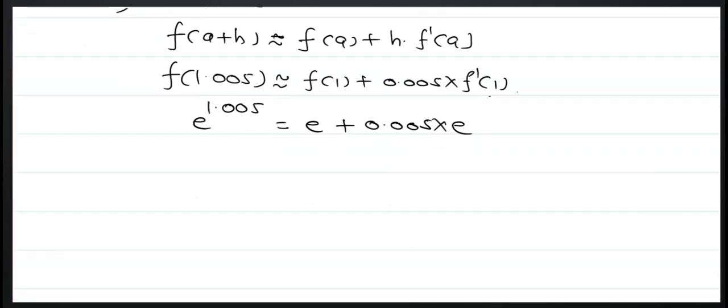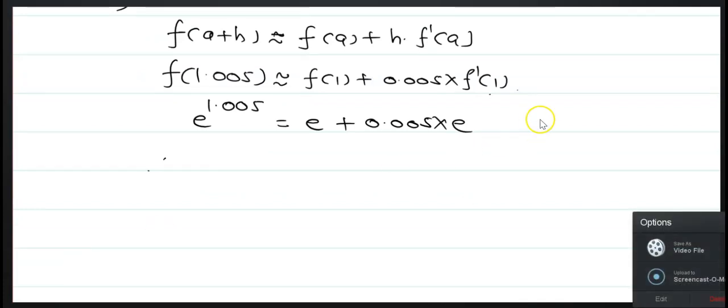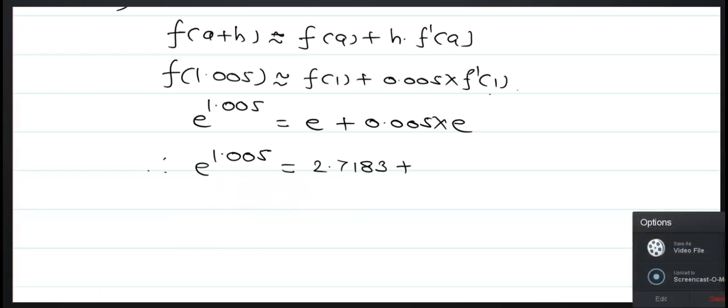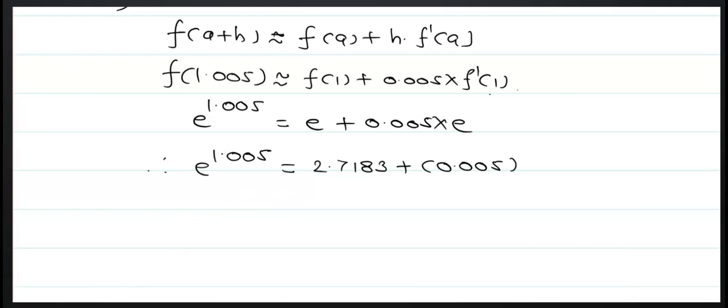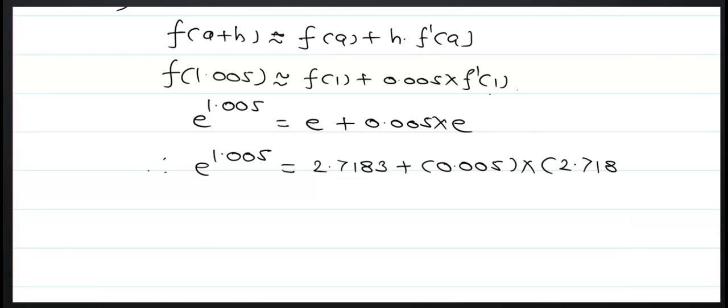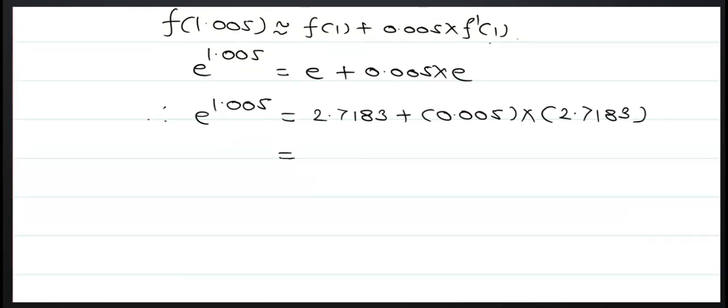The derivative of e raised to x is e raised to x, and again x is replaced by 1. Then overall you will get only e here, and substitute the value of e. That is, e raised to 1.005 is equal to 2.7183 plus 0.005 into 2.7183.